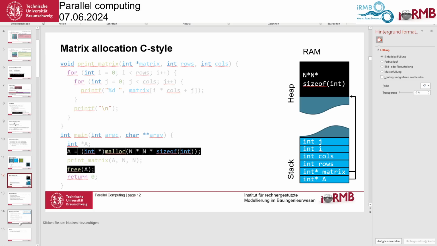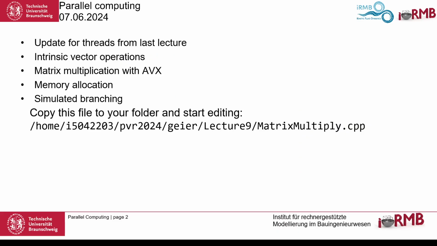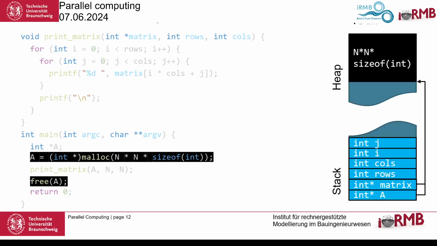Yes, so we are allocating continuous blocks of memory. To understand how this is working, or how your computer is managing its memory, right, this is where we wanted to go.